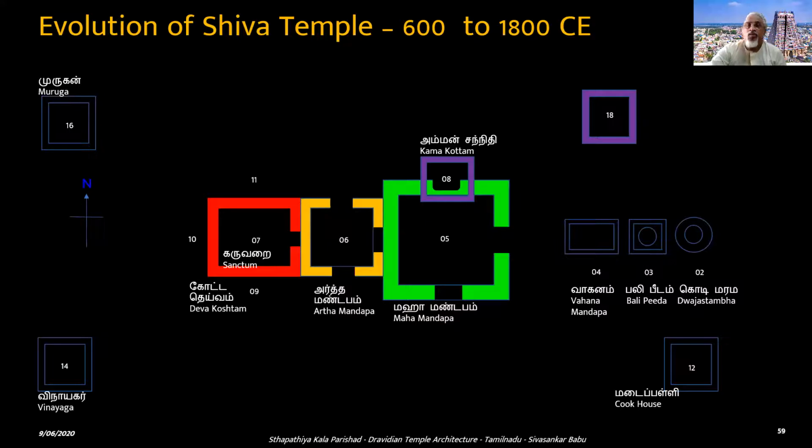So any new temples had their own separate Amman Sannidhi, but for many of the old temples, the option was to convert one of the mandapams or the Mahamandapa and then put it in the north corner. So this is another rule. This is where Navagrahas also started appearing in the northeast corner.